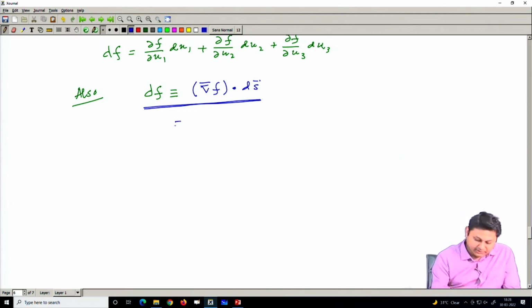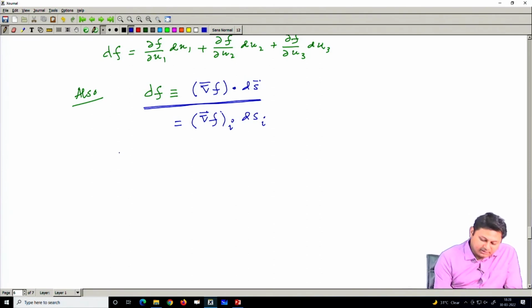I can have this. If I expand, what do I get? I have the gradient and the dot product. So, in Einstein notation it is the ith component and dSi, right. What is dSi? It should be Hi and then dui.